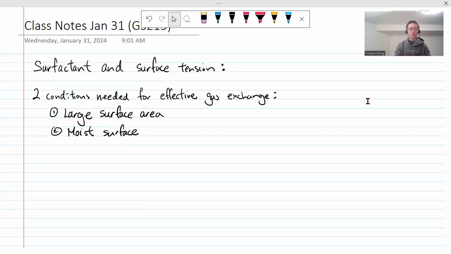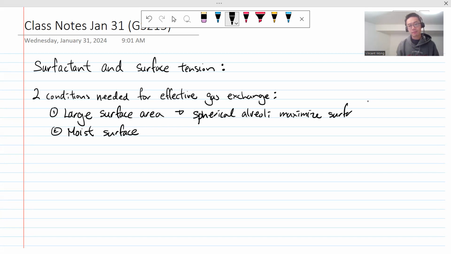So spherical alveoli maximize surface area and minimize volume. Again, that means you can pack a lot of them inside the lungs.